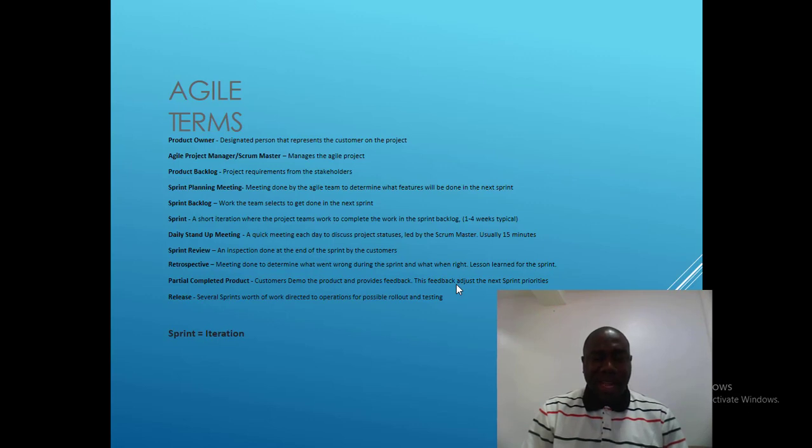And daily stand-up meeting is a quick meeting each day, which is not supposed to go more than 15 minutes, where the team discusses the project status. It is meant to be led by the Scrum Master. The project manager in Scrum is a Scrum Master.